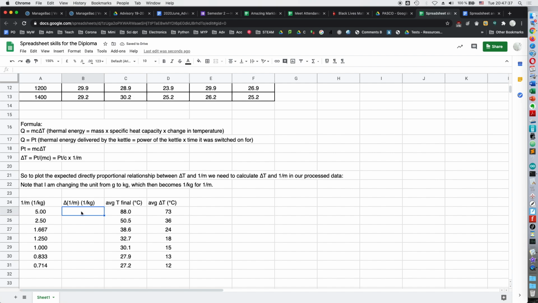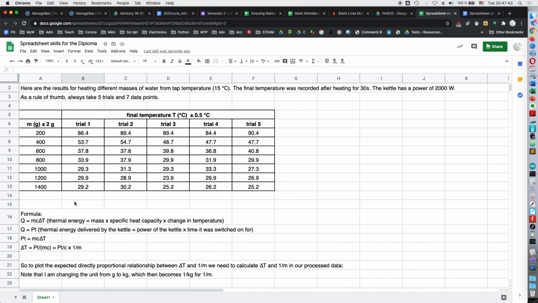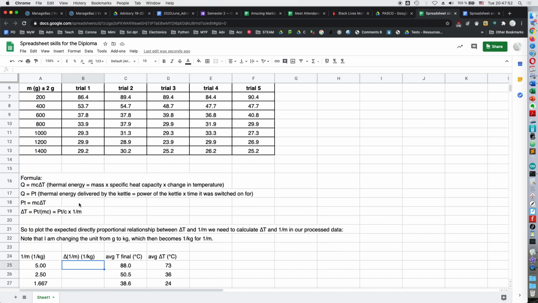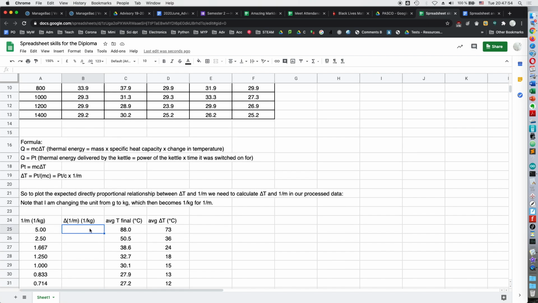Now the uncertainty of 1 over m, you will probably only get your head around in August when you look at how uncertainties are done in the IB. I'll just show you the calculation here now. Don't worry if you don't fully understand this at this stage. It's a bit too much for this one session, okay? So therefore I'll show you, but I'm not going to explain.